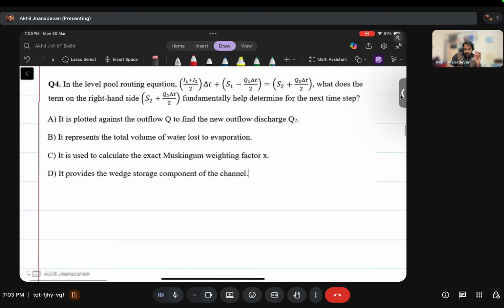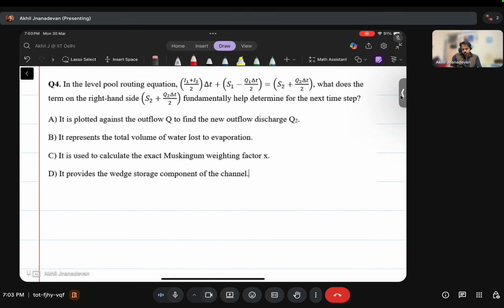So we are coming to the level pool routing equation. In level pool routing, we already know two things: it is a method of reservoir routing, and we consider the storage as a function of outflow. So we use a particular equation. What does the RHS term S2 into dq2 by delta T by 2 fundamentally help to determine, that is, how does it help to determine the next time step?